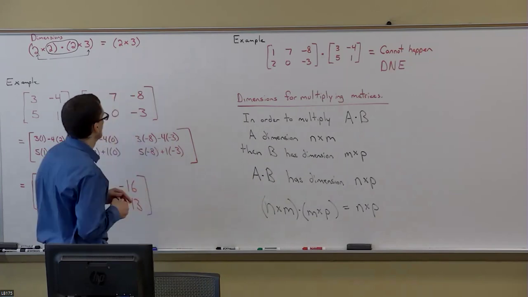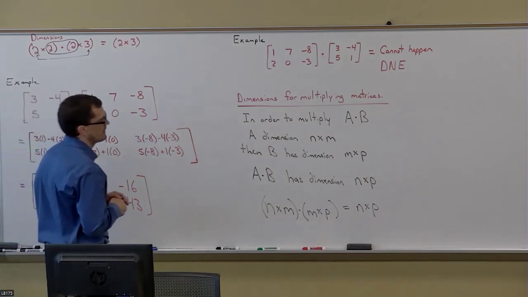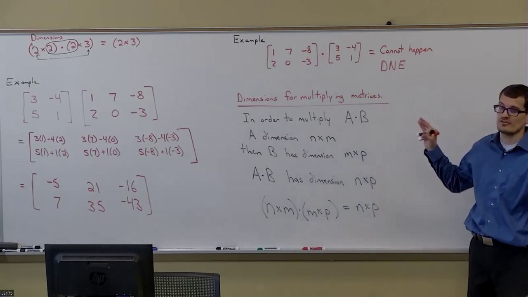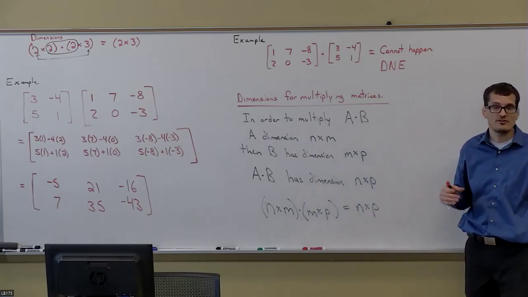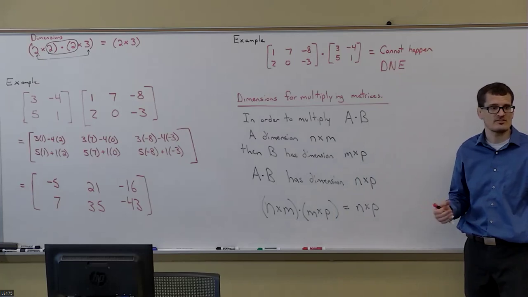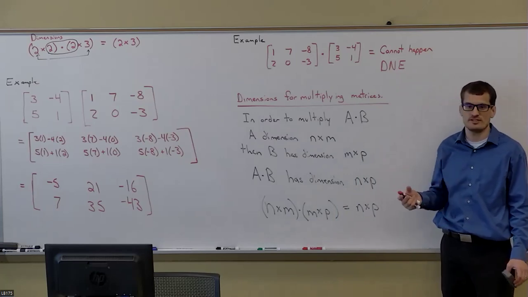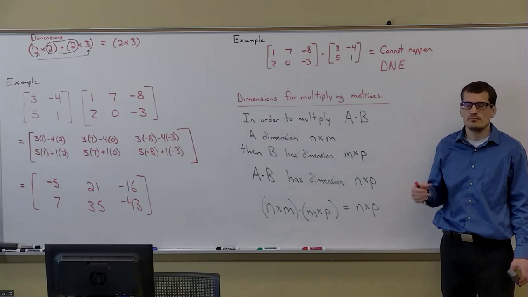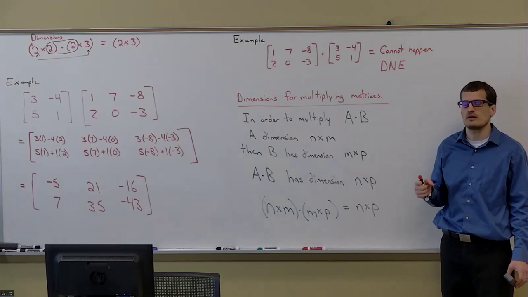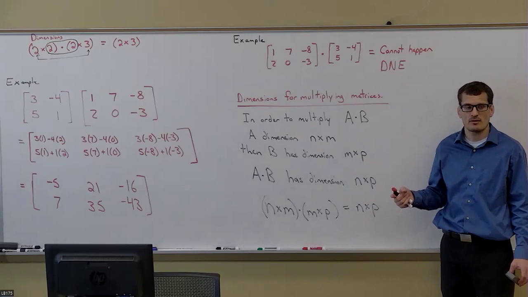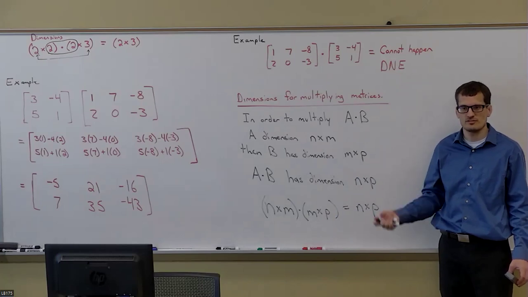Now, I'm not gonna go through showing this, but it turns out that while we don't have commutativity for matrix multiplication, we do have a lot of our other rules. Things like associativity. So matrix multiplication is associative. And just like when we do our distributive rule with real numbers, you can actually do a distributive rule with matrices as well.